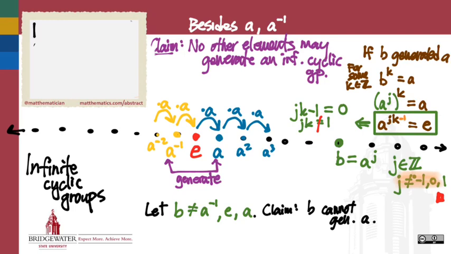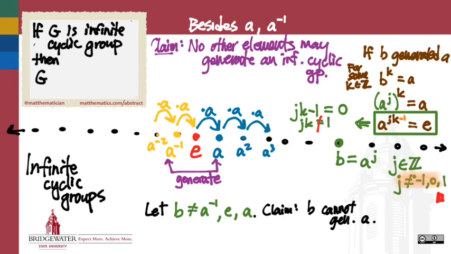Every infinite cyclic group, so if G is infinite and cyclic, then what is G the same as? What group is G the same as, do you think?